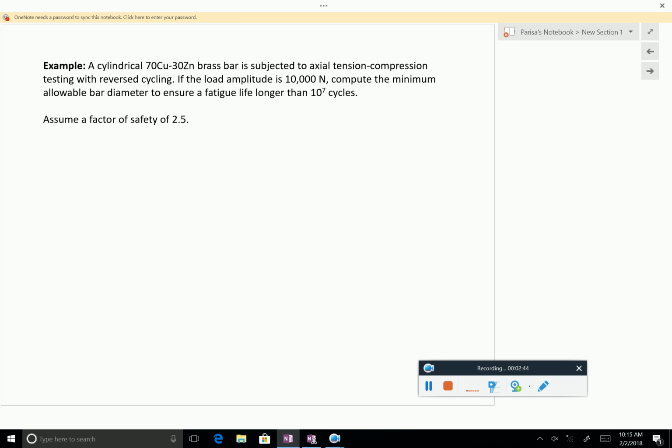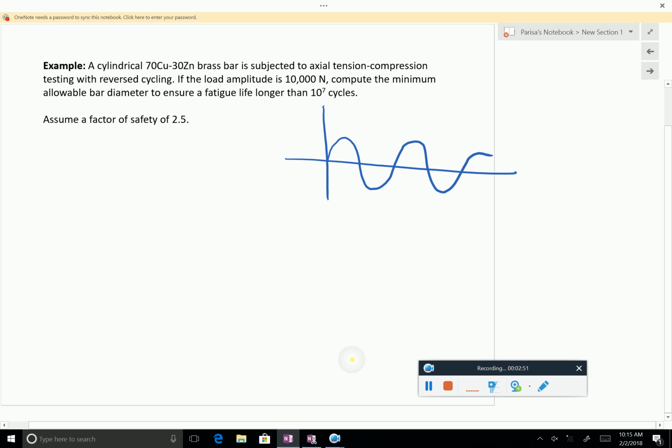I hope you remember this reversed cycling, which means that basically you have sigma max positive, sigma min negative, and the ratio is -1. It means that you have the same compression and tension and it cycles. And the load amplitude is 10,000 Newton. That's the load.